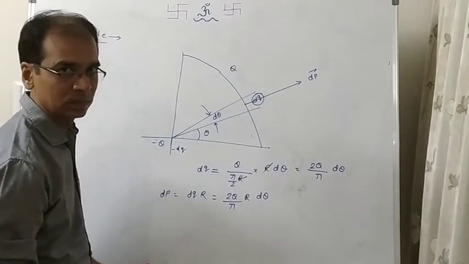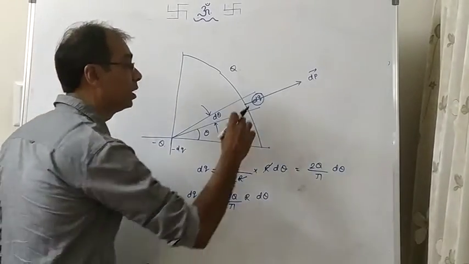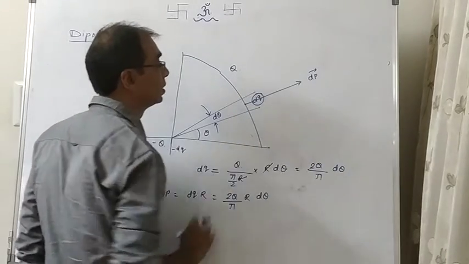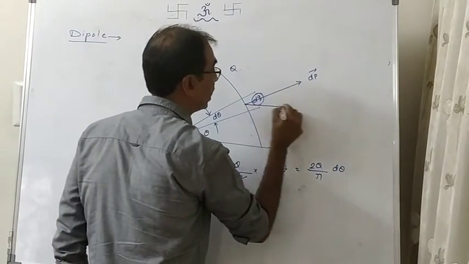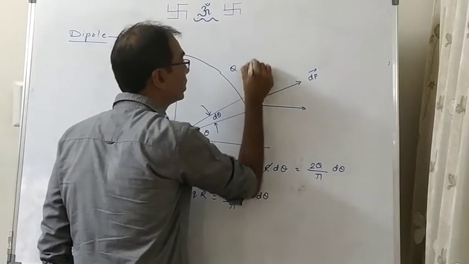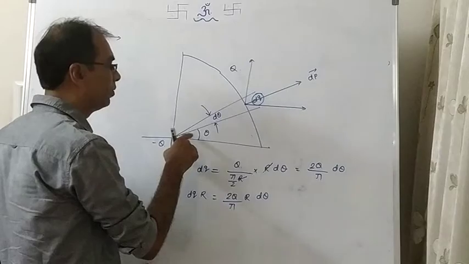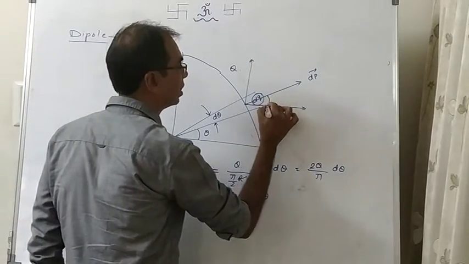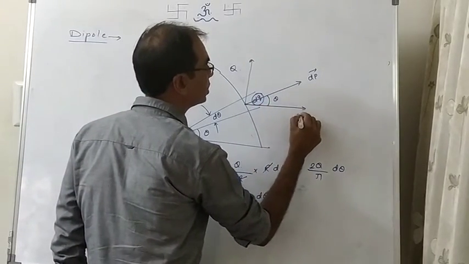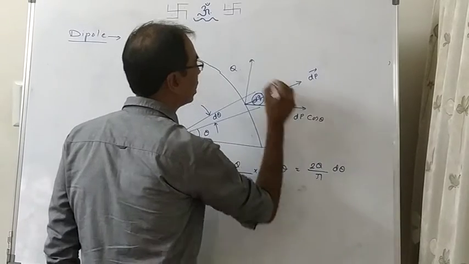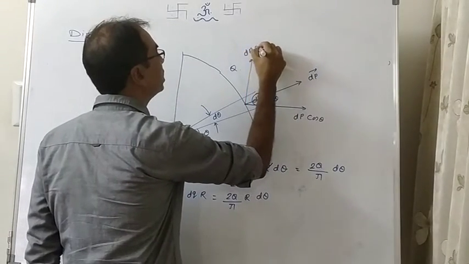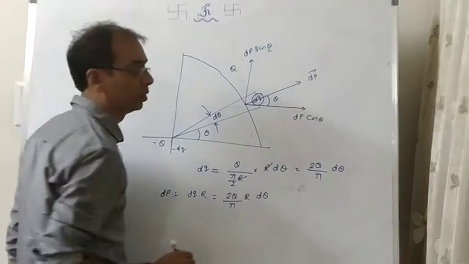Perfect. That is dp. But we already know that this is the direction, right? Now this direction is there, that means it will have two components, one like this and one like this. Correct or not? And already we have taken that this angle is theta. So that means horizontal component is dp cos theta and vertical component will be dp sin theta. So we are going to integrate.